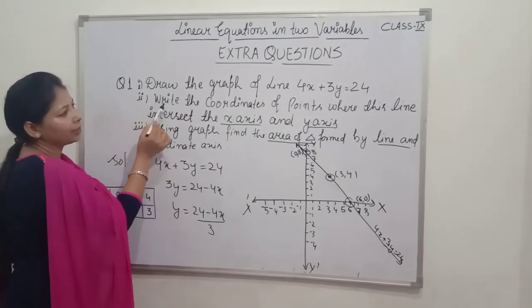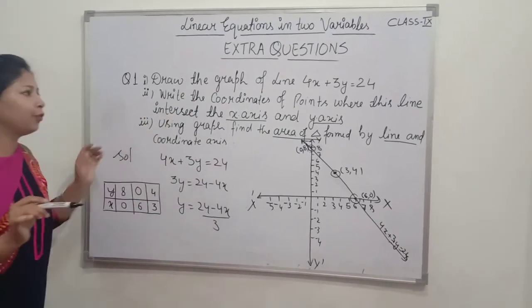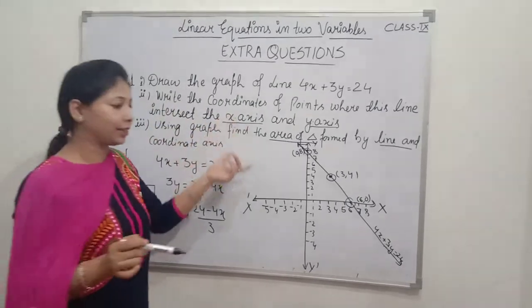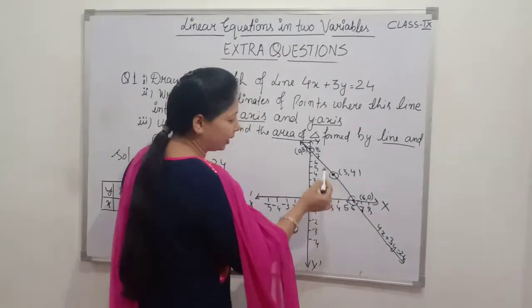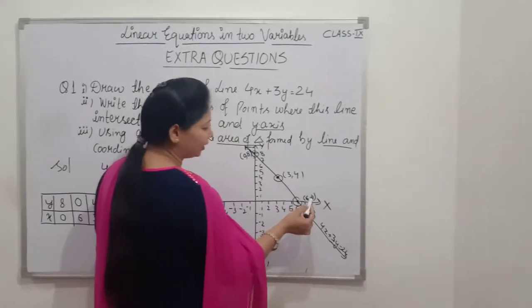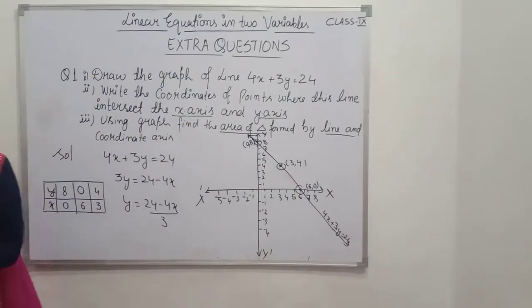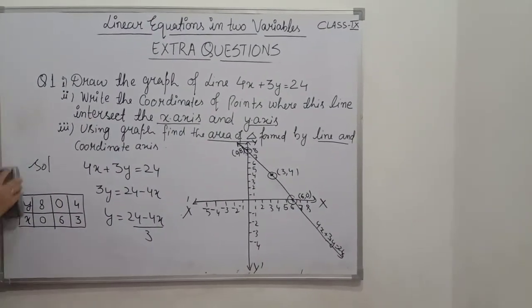Now the second part is: write the coordinates of the point where this line intersects the x-axis. That means this line intersects the x-axis at 6, 0. So I am going to write the answer of the second part.